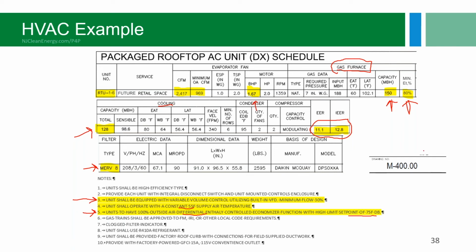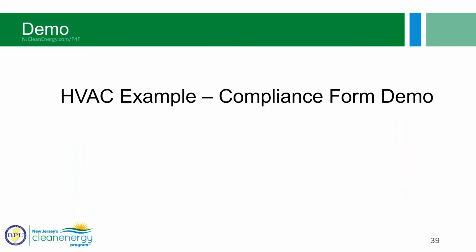And these all came off drawing number M-400. So this is the important information that we're going to want to enter into our compliance form to get our model inputs. All right, so let's move to the compliance form to talk about this.